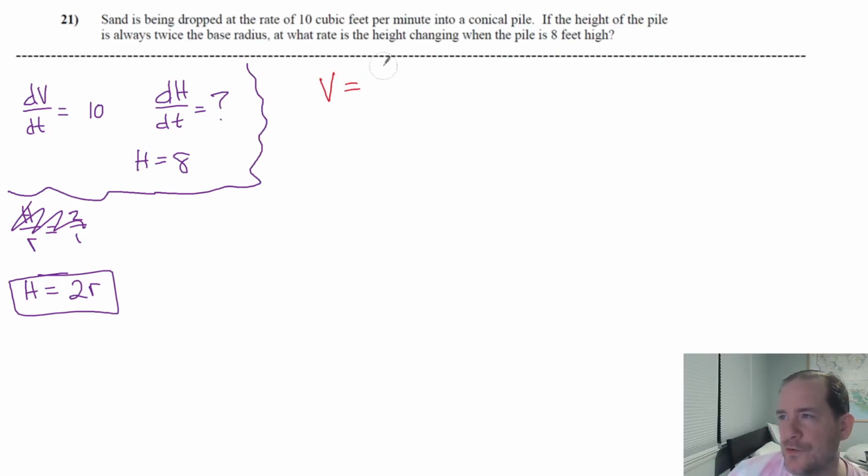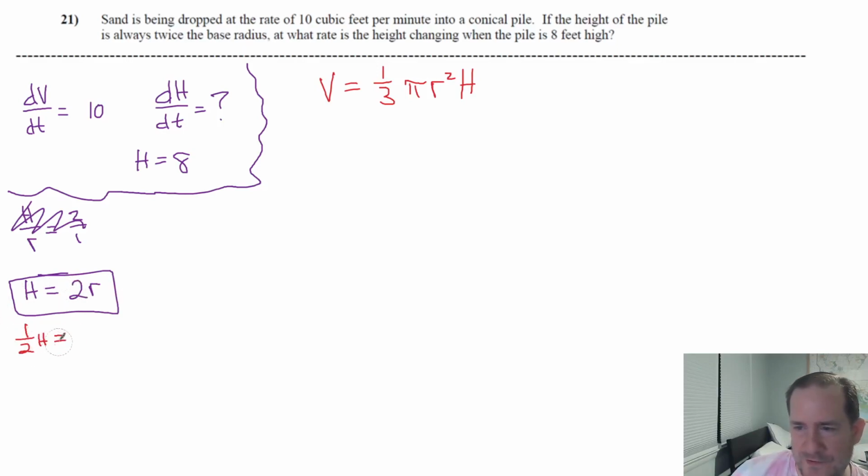So volume equals 1/3 pi r squared times height. But again, we want to replace r to get everything in terms of h. So the h equals 2r is not the conversion factor I want. I want to actually divide by 2 or multiply by a half.